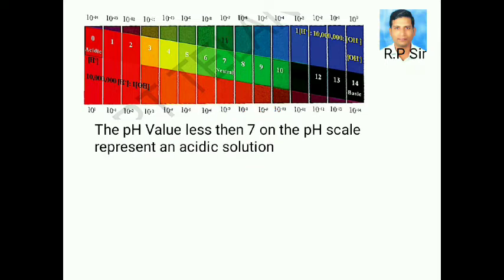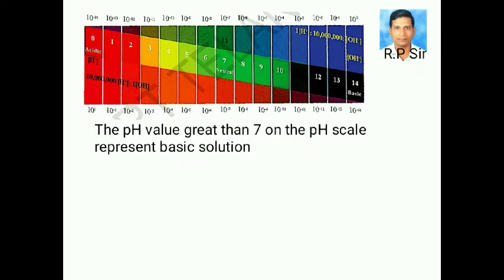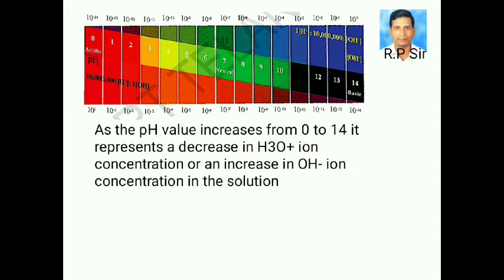The pH value less than 7 on the pH scale represents an acidic solution, and the pH value greater than 7 on the pH scale represents basic solution.